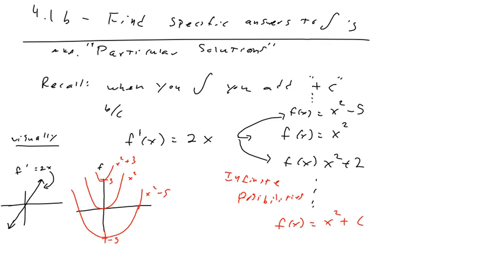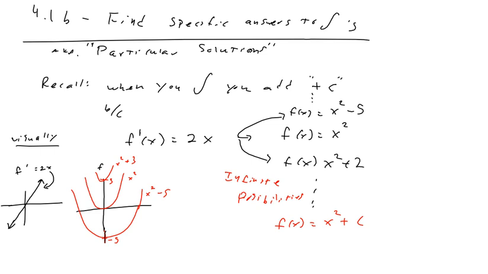So all of these, and an infinite number of them. We could go plus 1, plus 2, plus 3, plus 4, plus 1.1, plus 1.2. There's an infinite number of possibilities. I could have this graph in all of these different places. If we're looking at a graph, this is what the possible graphs look like.